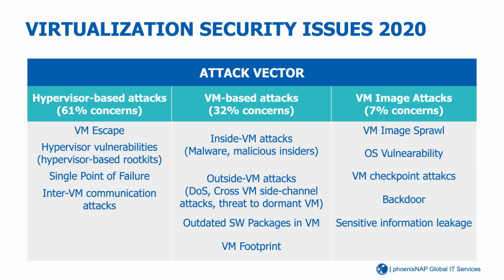So what does this look like? As we get towards security, and we get through some of the research that's been done, a lot of the data being presented here is mostly around not only what attacks exist, but also what people are most worried about as it applies to specific attack vectors, right?